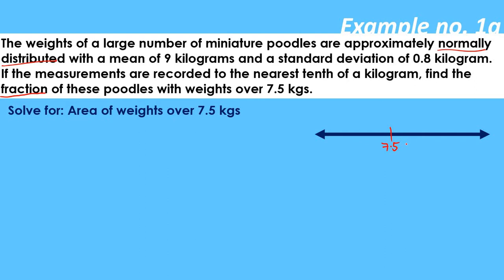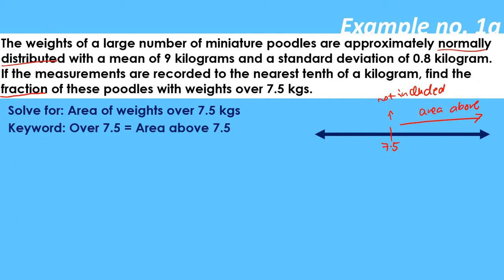So if we want values greater than 7.5, then 7.5 should not be included. So this is a value not included because we only want values over 7.5, and that is area above. So if you see the word over, that means area above.